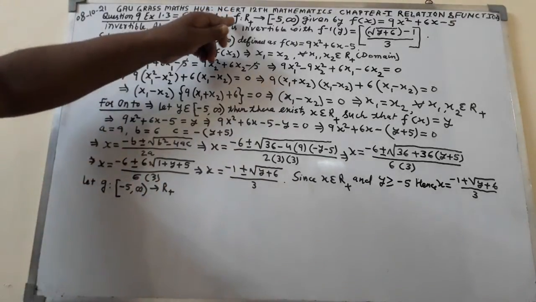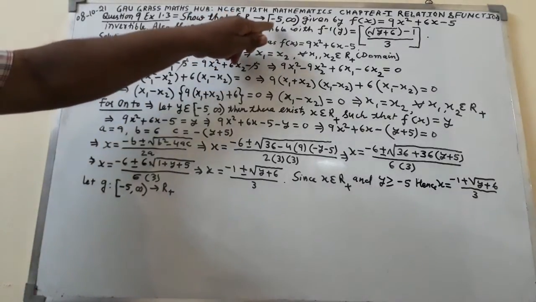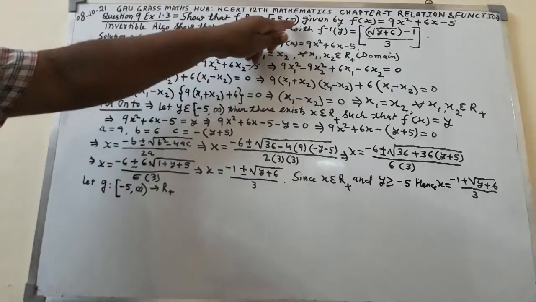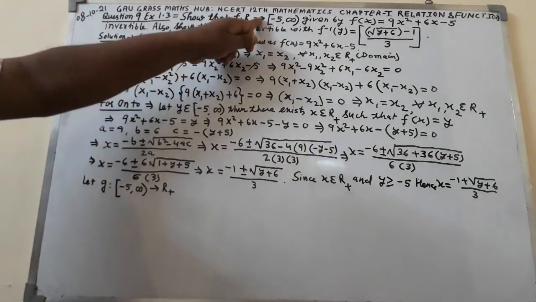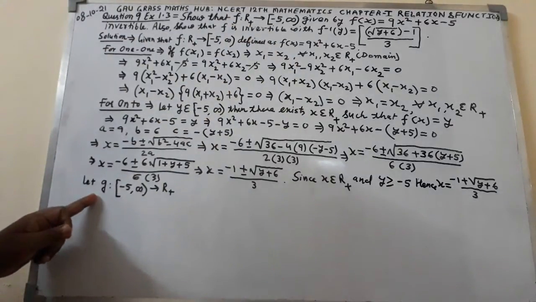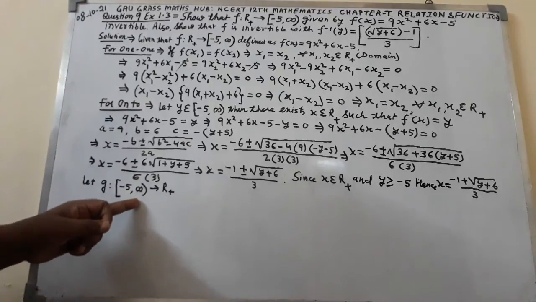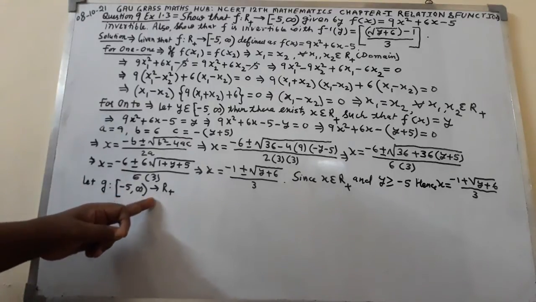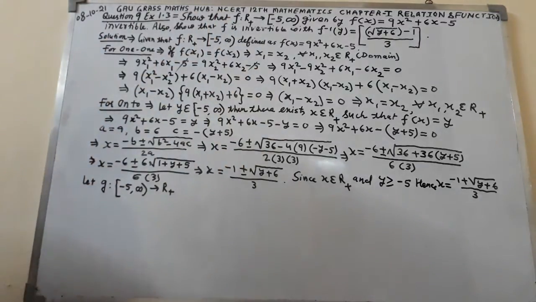From this place f is set of positive real number goes to closed interval minus 5 comma infinite open interval. On this condition we shall get g: closed interval minus 5 comma infinite open interval goes to set of positive real number. The inverse of f will be g, on basis of that we have done.